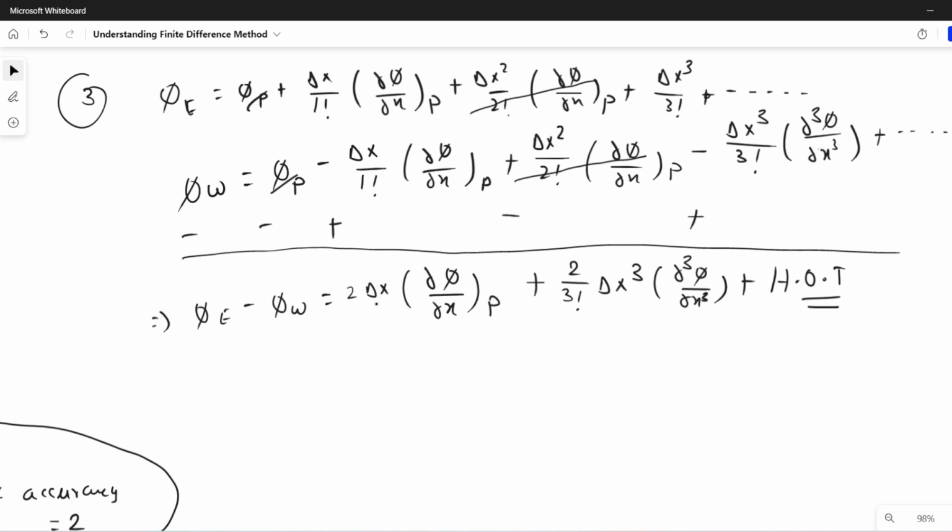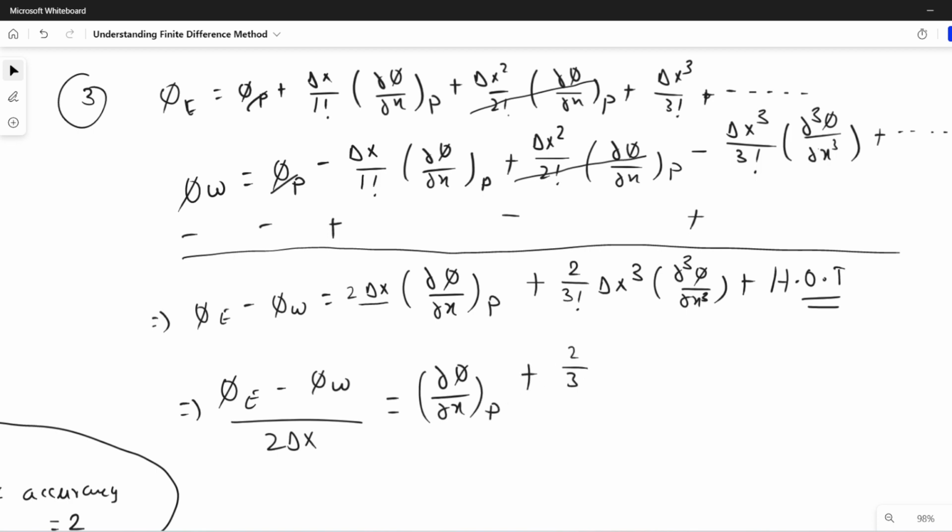Now when we divide all the terms by 2 multiplied by delta x, we get phi e minus phi w divided by 2 delta x equal to dou phi upon dou x at point P, plus 2 by 3 factorial delta x square dou cube phi upon dou x cube plus higher order terms.